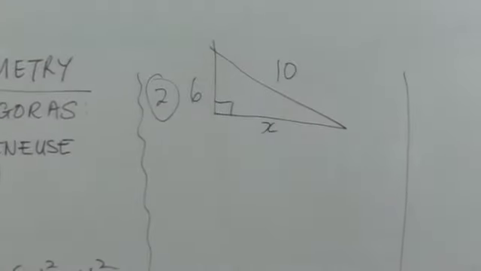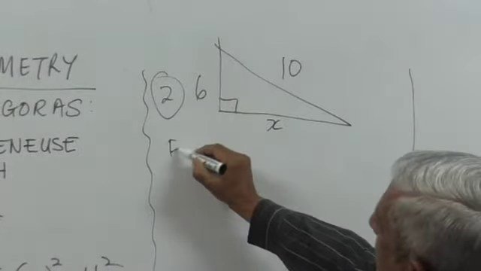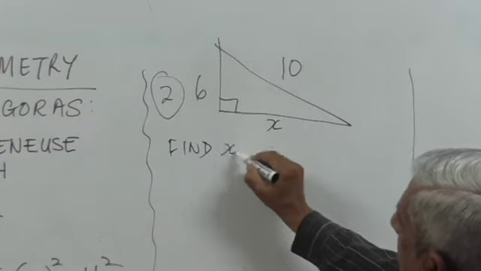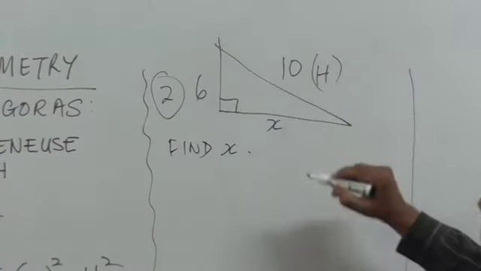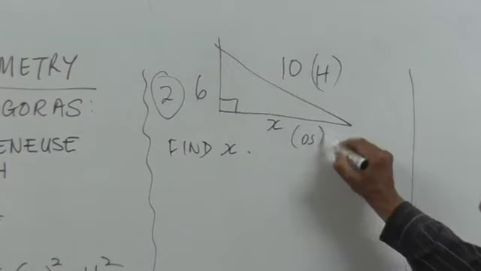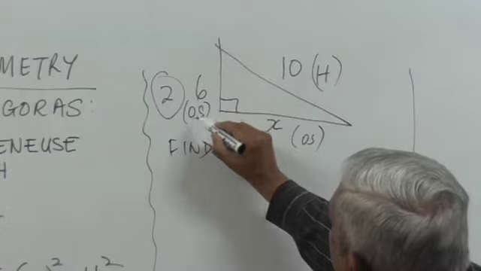Calculate the missing side. Now clearly, say the question says find x. So this is actually the hypotenuse. So this is other side and that's also other side.